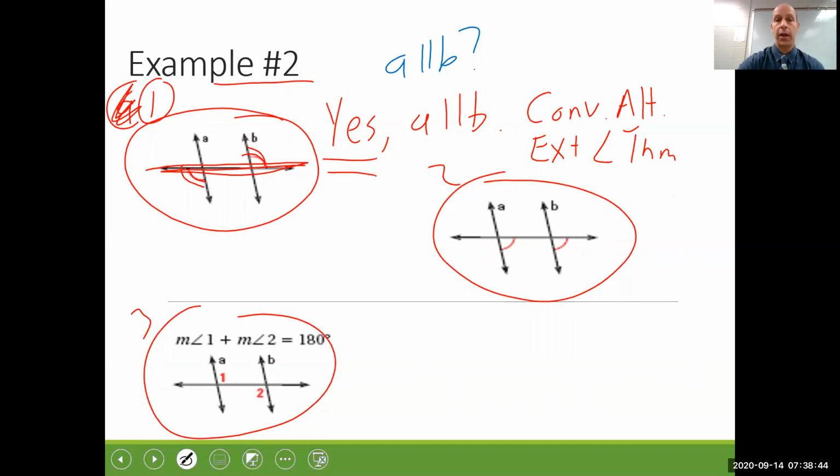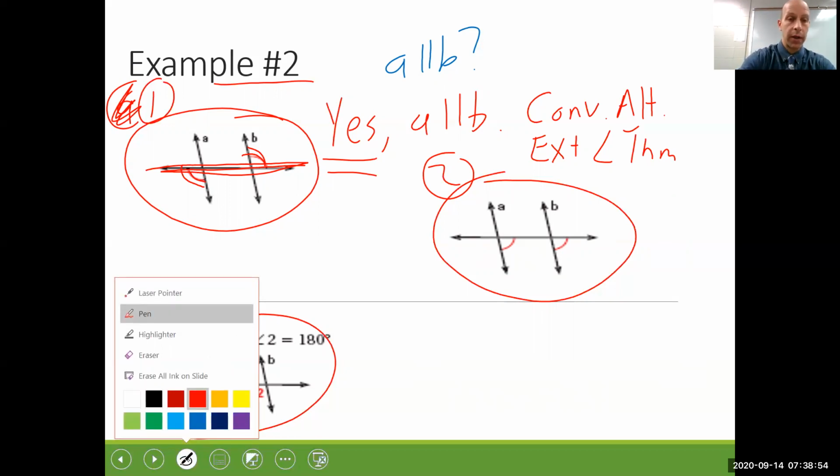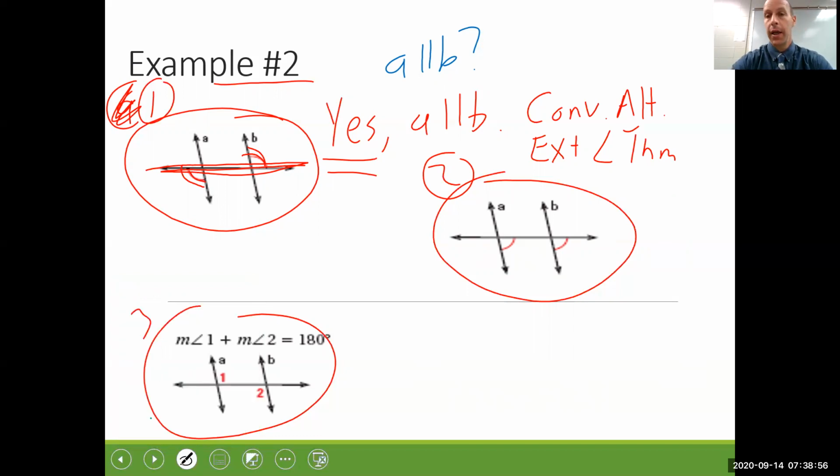So let's look at number 2 here. Are those two lines A and B going to be parallel? And if so, why? Let's do this one in green. Again, I'm going to say yes. A is parallel to B. Why is that the case? Well, in this case, it's by the converse of, and what kind of angles do we call those?